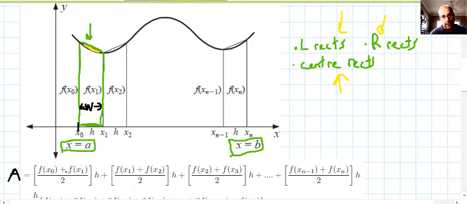We sub that into the function given, if there is a given function, plus the next one, f of x1, divide that by 2 and then multiply by h. Now h is the strip width.